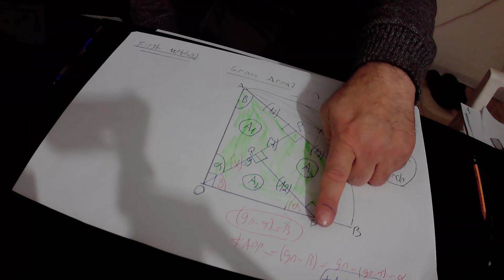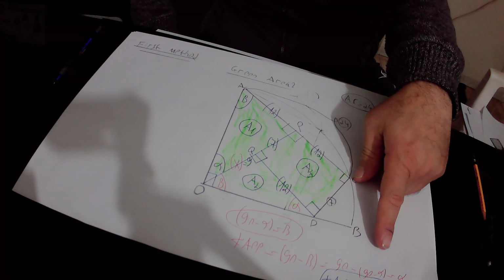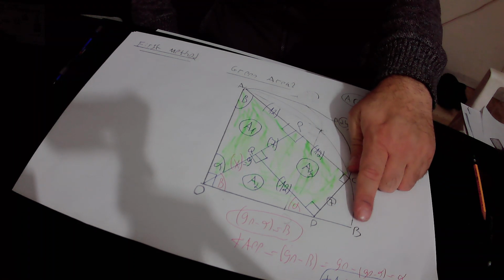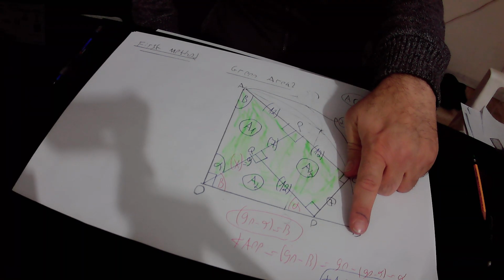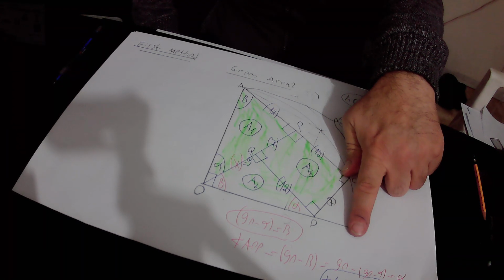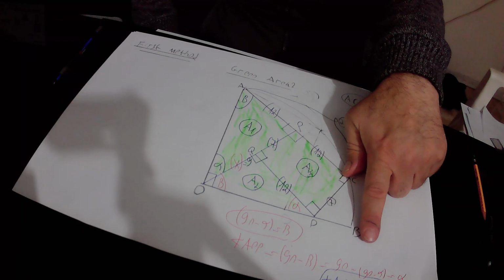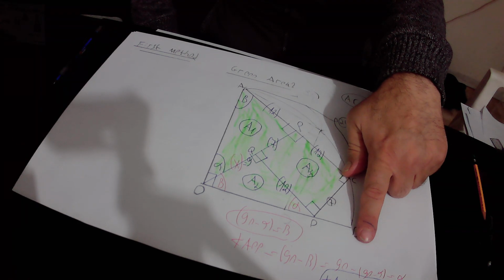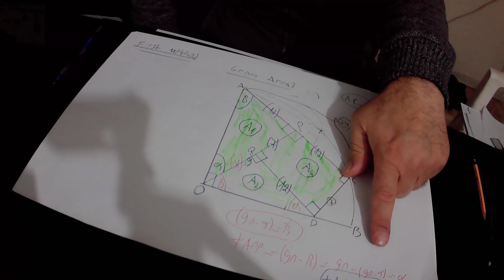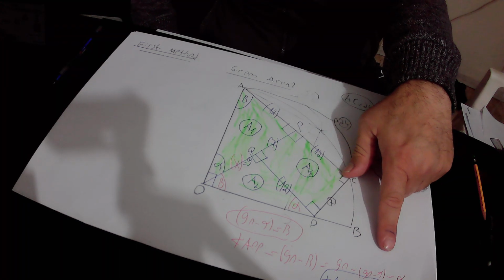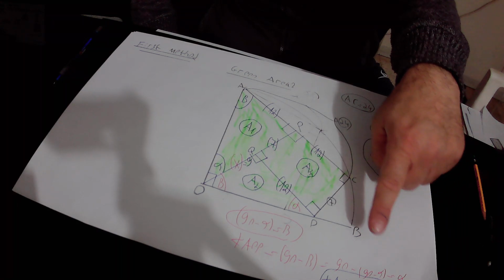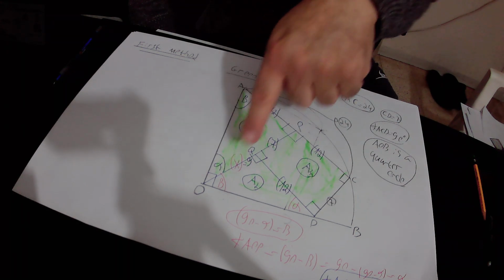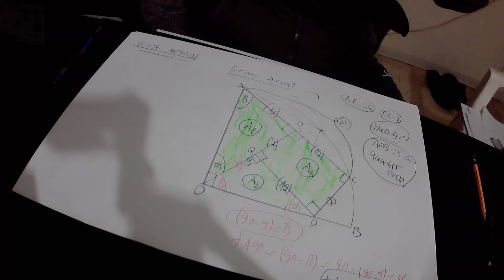So we can substitute beta here by 90 degrees minus alpha. We open the brackets of this expression and we find that 90 degrees minus 90 degrees is 0 and minus minus is plus. So in total this expression equals alpha. That is to say the missing angle AOP equals alpha.